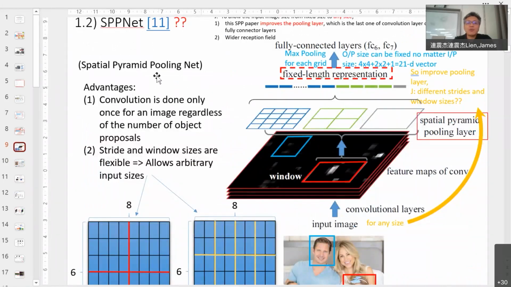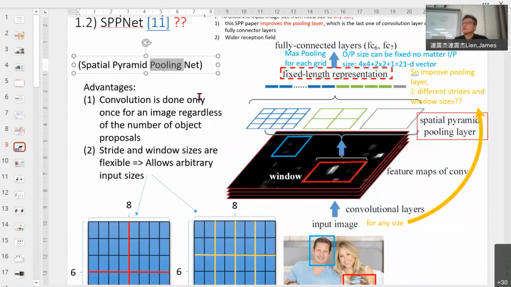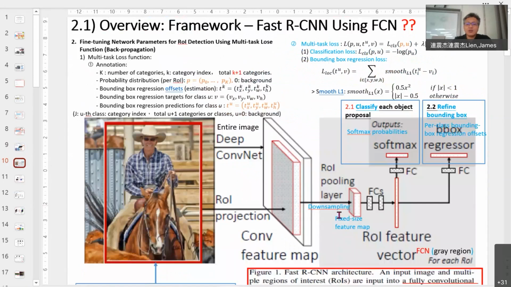SPP is also a kind of pooling, spatial pyramid pooling, so that the size is fixed. No matter whether your bounding box is big or small, after SPP you get the same fixed size. So we call it ROI pooling. This is fixed, and then we do the fully connected layers.